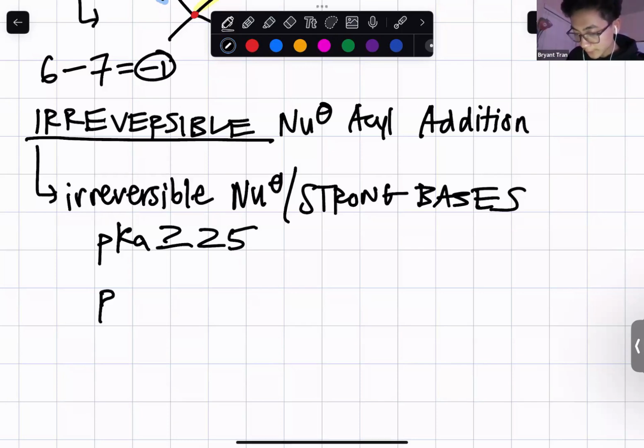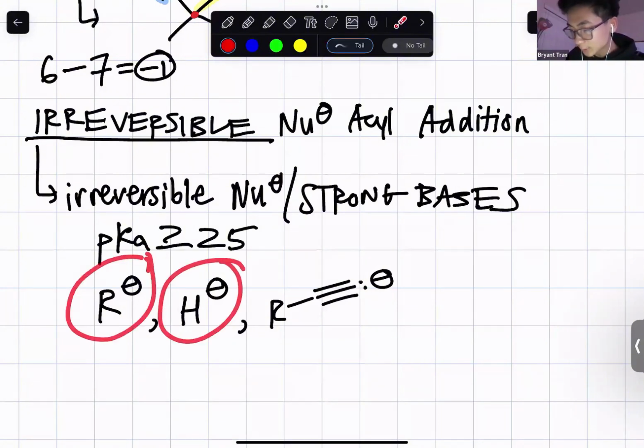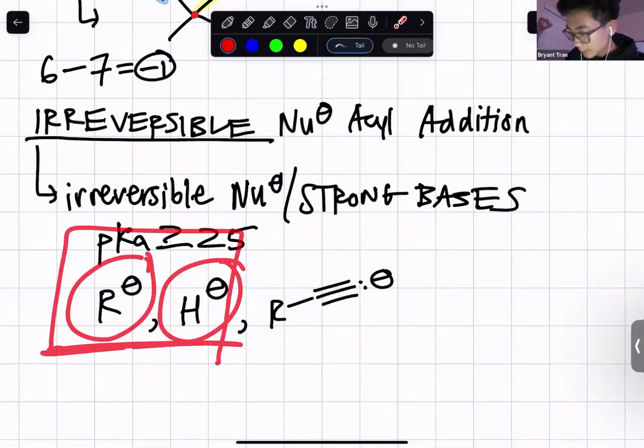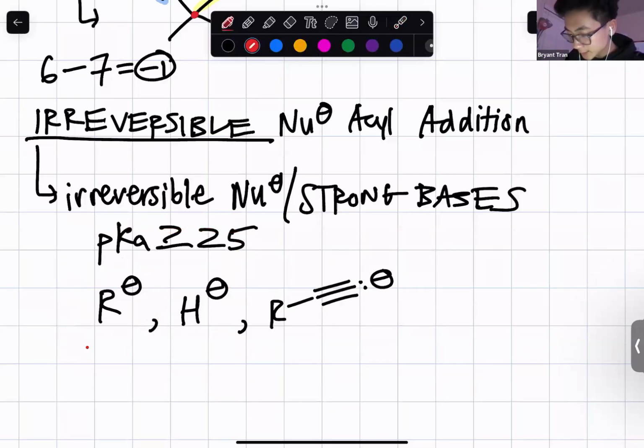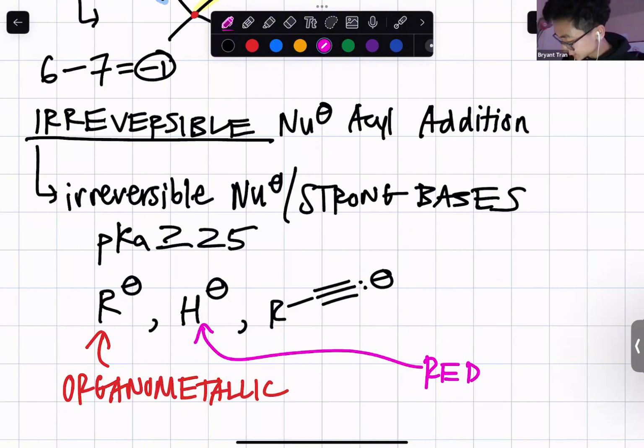There's the one with an R minus, there's the one with an H minus, and there's the one with the alkyne anion right there, right? But these two are the most important ones. Know these two for sure, because the R minus here is going to be your organometallic reagents. The H minus here are going to be your reducing agents.